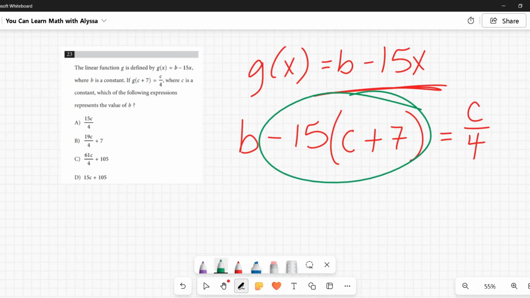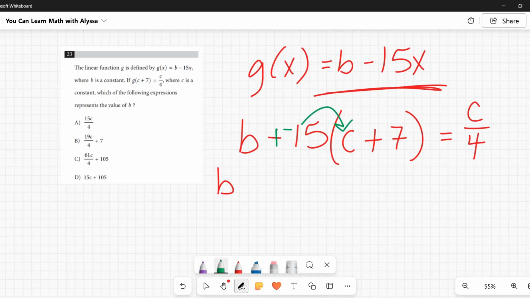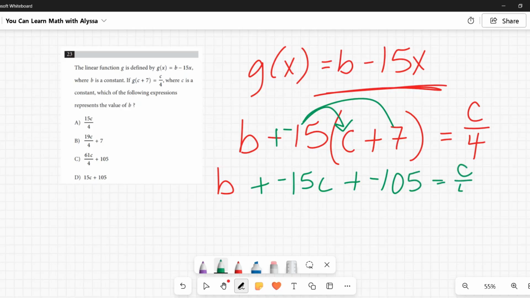I'm going to change this to plus a negative, just to make it a little more straightforward. So I still have that b. The b stands alone. Negative 15 times c is negative 15c. And negative 15 times 7 is negative 105. This equals c over 4.